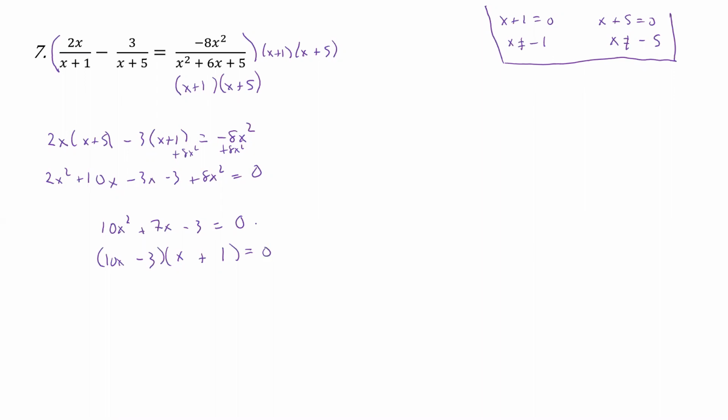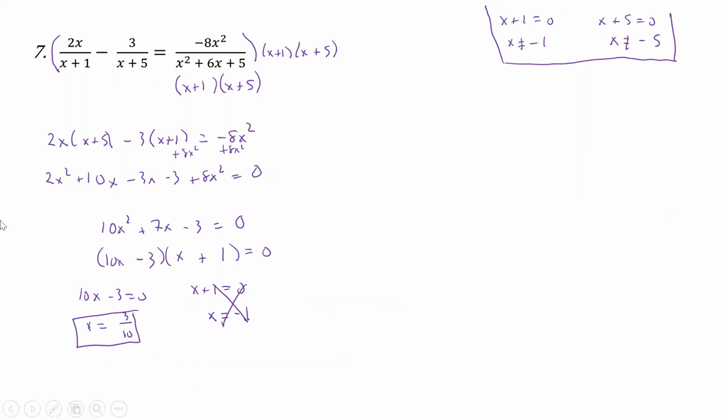That's equal to 0. So now I set each of these factors equal to 0. And I get x equals 3/10 and x equals a negative 1. But we said that this cannot equal a negative 1, so this solution is out, and we just get x equals 3/10 as our only solution.